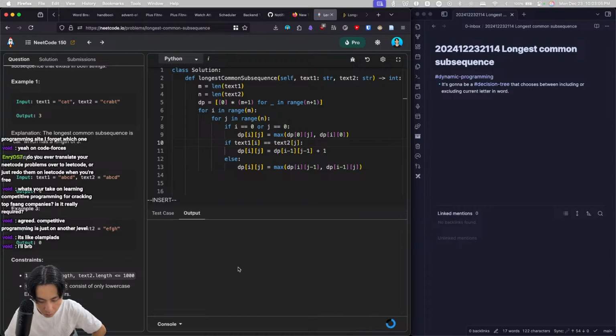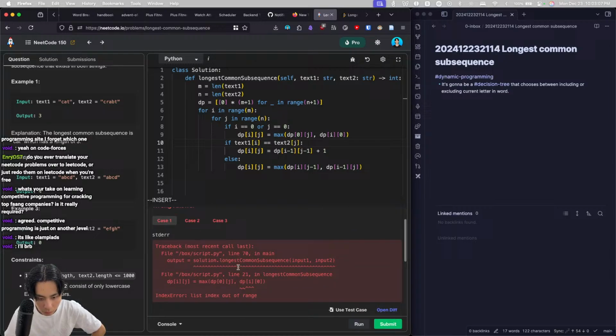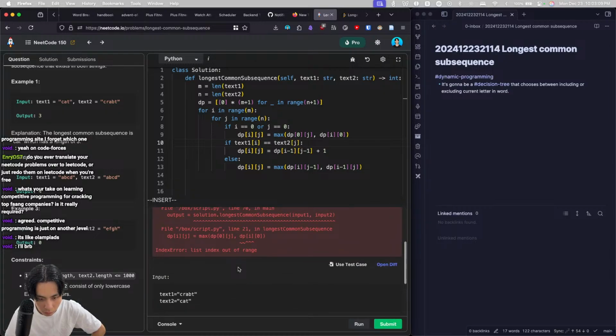Okay. How does that get out of range? How does dp[i] get out of range ever?